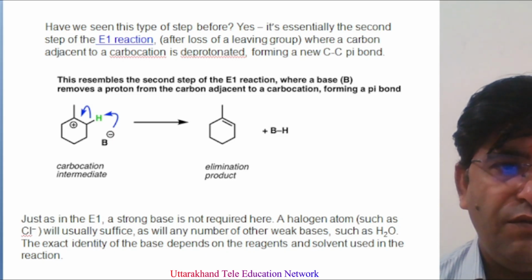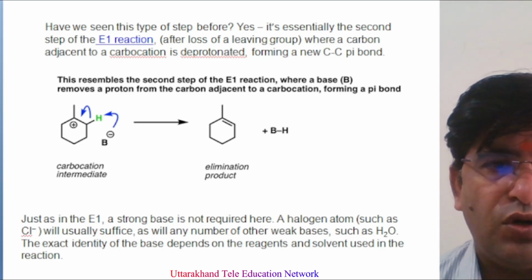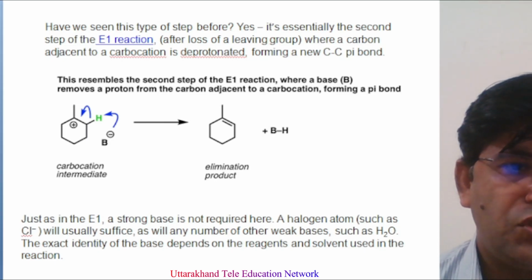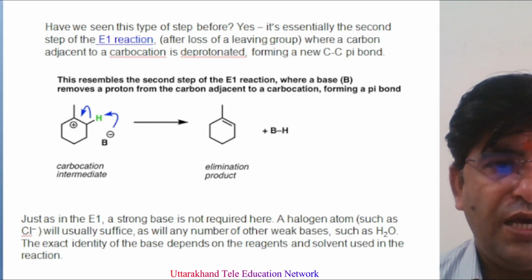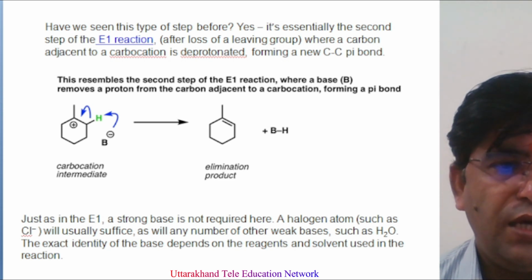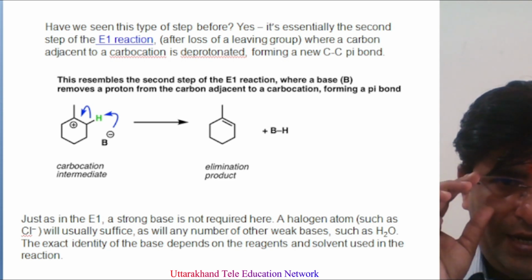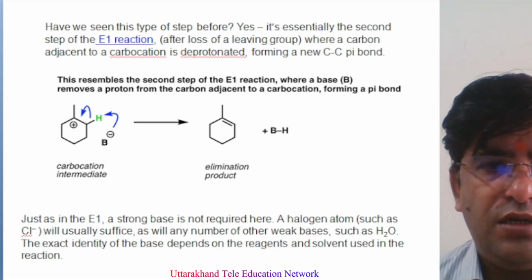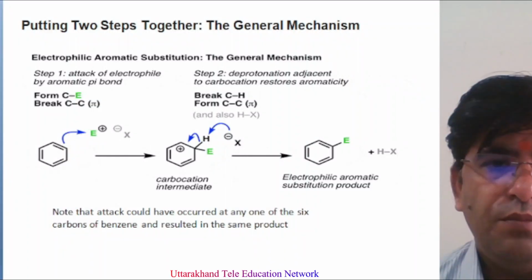Just as in the E1 reaction, a strong base is not required here. A halide ion such as Cl- will actually suffice, as will any number of other weak bases such as water, and the exact identity of the base depends on the reagent and solvent used in putting the two steps together.